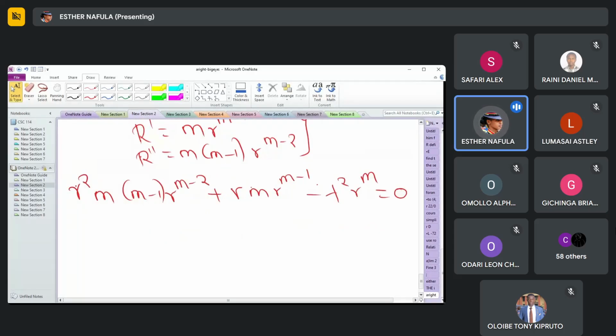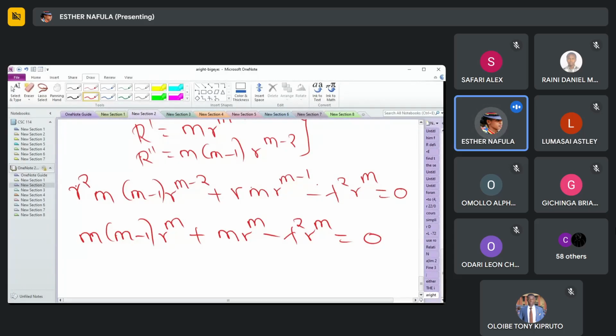Again, if you combine the powers, for the first part, r squared times r raised to m minus 2 will give you r raised to power m. So we have m times m minus 1 times r raised to power m. For the second part, you have m r raised to power m minus lambda squared r raised to power m equals 0.